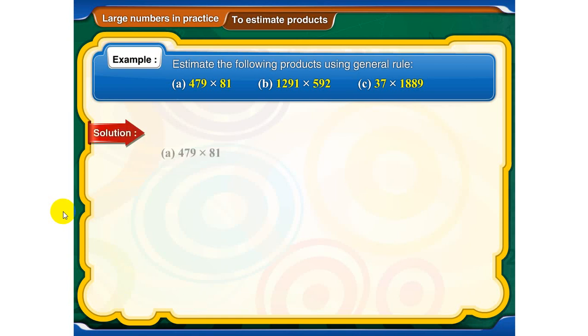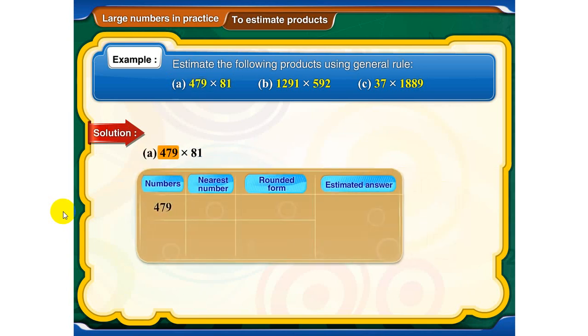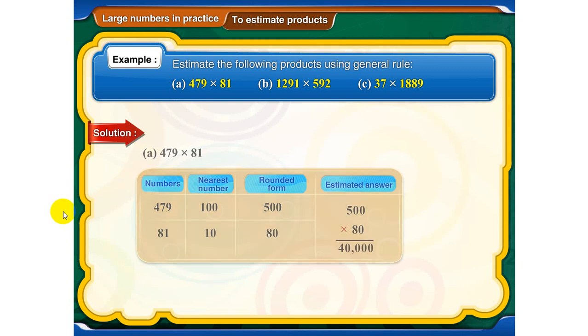Solution: A. 479 into 81. 479 is rounded off to 500, that is by rounding off to hundreds, and 81 is rounded off to 80, that is by rounding off to tens. The estimated product of 500 and 80 is 40,000.